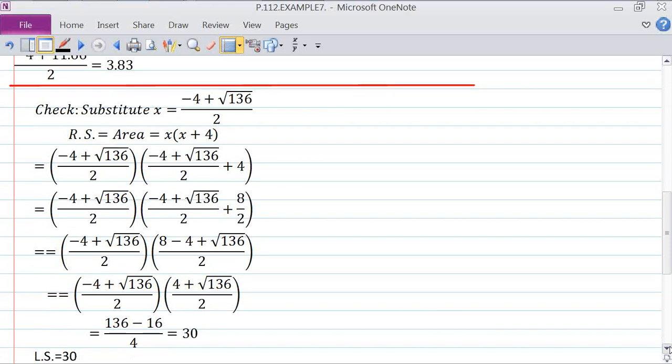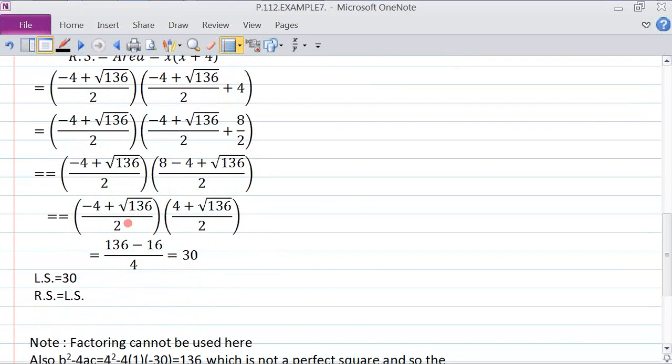And, okay, so now if I multiply plus 1 root 36 times plus 1 root 36, I get 136. And minus 4 and 4 here will give me minus 16, and 2 times 2 gives me 4. And you'll notice that what happens here is the outer and inner term cancel.